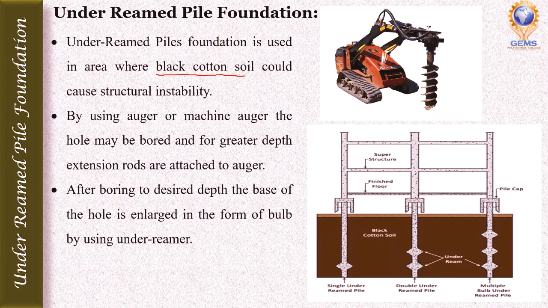By using an auger or machine auger like this, the hole may be bored, and for greater depth, extension rods are attached to the auger. After boring to the desired depth, the base of the hole is enlarged in the form of a bulb by using an under reamer.